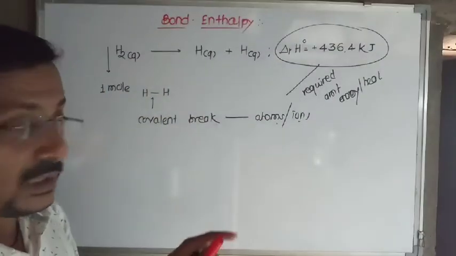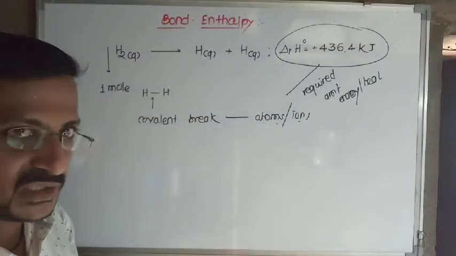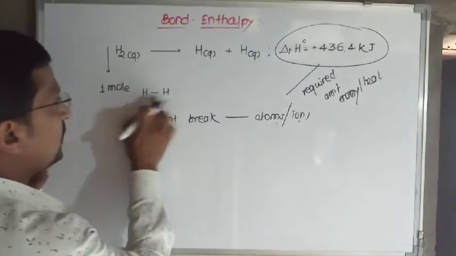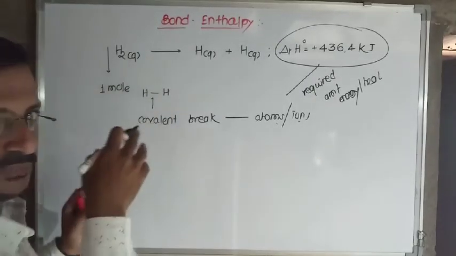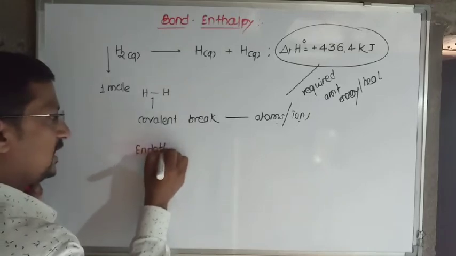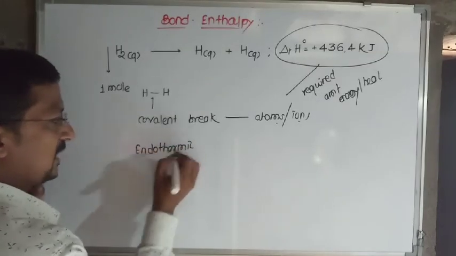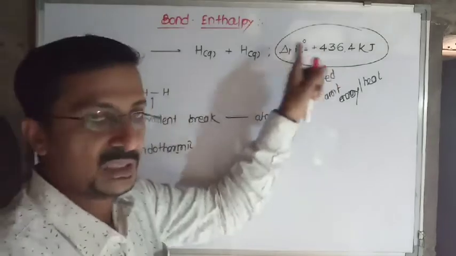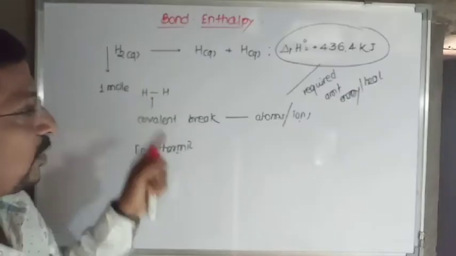Remember well, here heat energy is not released, because for the breaking of this bond, energy must be supplied. It means it is an endothermic reaction, isn't it? Delta H is positive. So what is bond enthalpy?